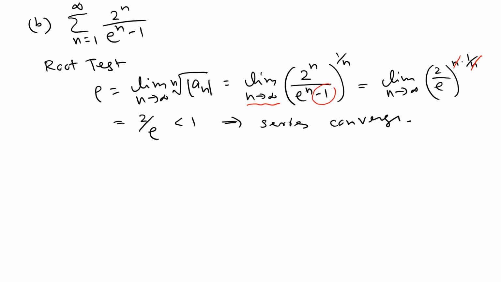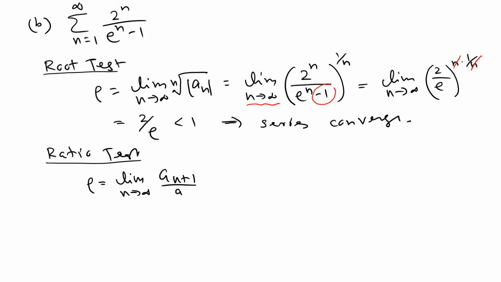Also you can use the ratio test for this. Let's see how we use the ratio test. Again, what we normally do is calculate a_n and a_(n+1). So it's the limit as n goes to infinity of a_(n+1) over a_n.